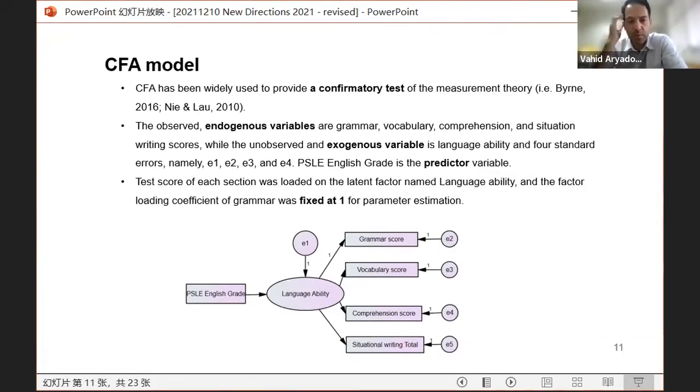What we have done in this analysis is to use composite scores of grammar score, vocabulary, etc. Now, for future research, it would be very interesting to use the actual item level scores rather than composite scores, because when you aggregate scores on a test, you also aggregate the errors of measurement, the standard errors of measurement on the test, and as a result, what you see here, grammar score, is not a pure grammar score. It has got some error in it.